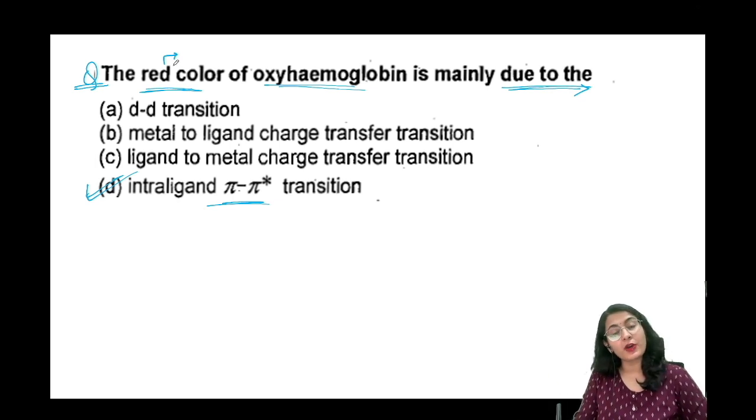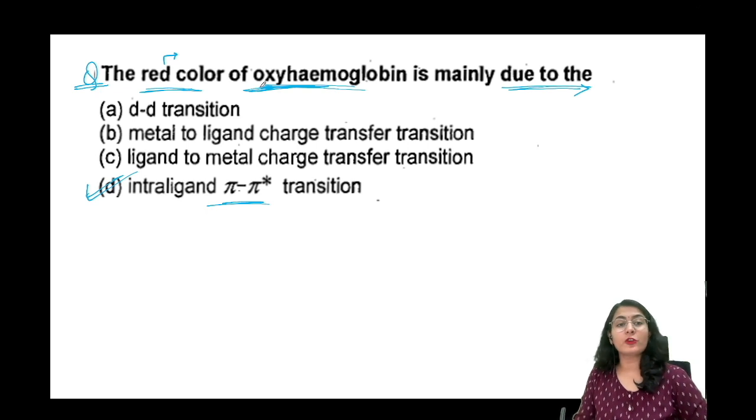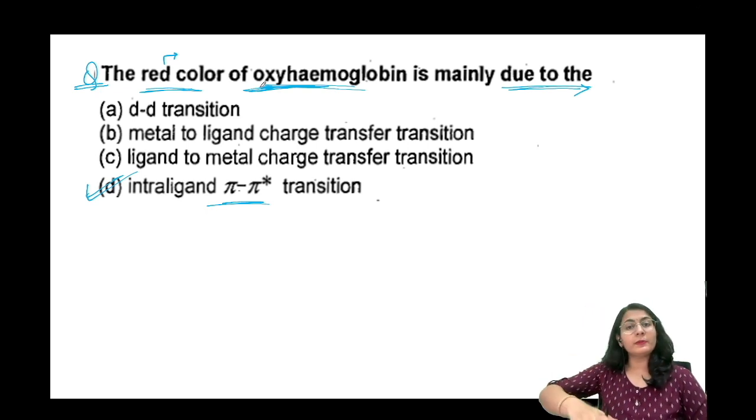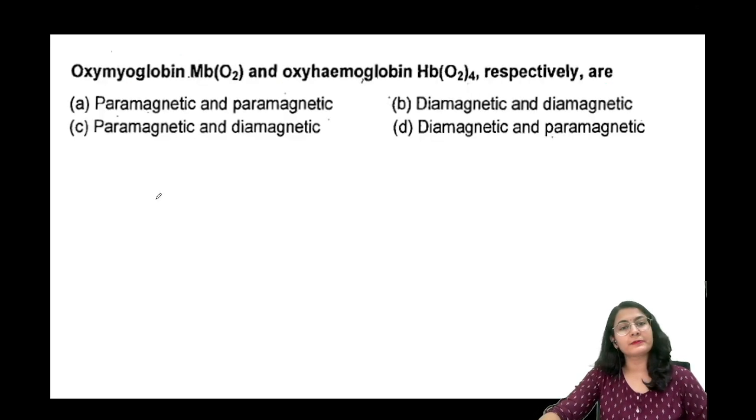That is because of the Soret band, and that's a property of the metalloporphyrin. Why do we have the red color on oxyhemoglobin? That is because oxyhemoglobin has the iron in the plane. So iron becomes coplanar with the ring, and the ring is also not strained anymore. It is relaxed, and in the relaxed state, there is a better pi to pi star transition. That's why the intense color. So D is the correct answer.